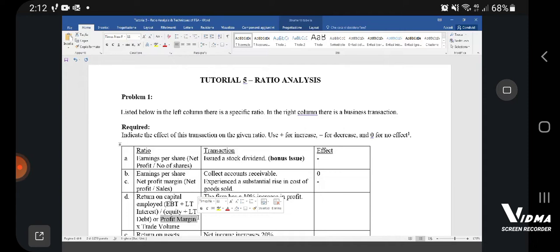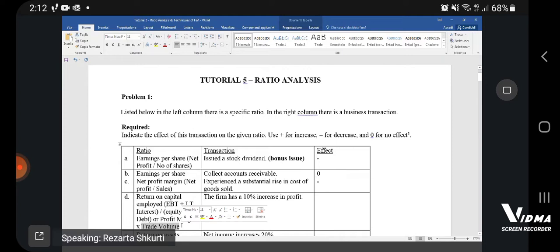So you have to decide if the increase will have an impact on the trade volume. Remember, trade volume is sales to long-term capital.